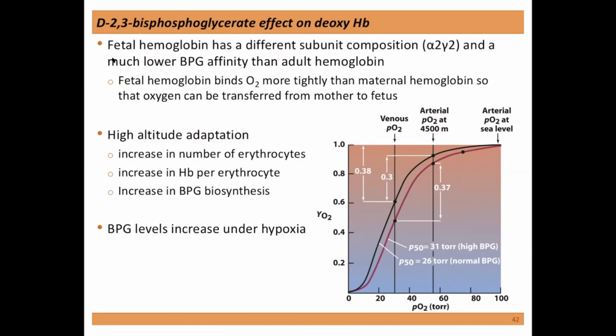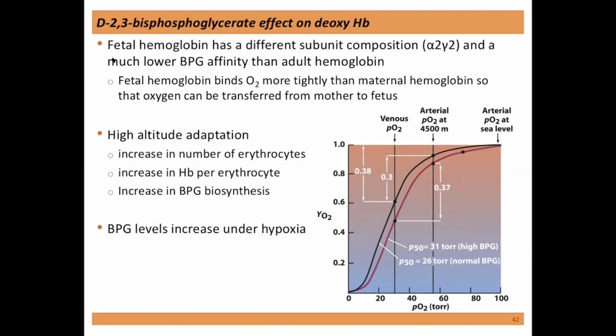Now, that is painful. If you've ever gone up to really high elevations and ran or even climbed stairs, you can tell that your body is not getting as much oxygen, so you tend to breathe faster. So one way that you can fix that is you can actually start to produce more BPG. And again, the BPG stabilizes the T state, making it so it has less affinity. And what you do is you get this shift to this red curve there. And so again, it's going to have less affinity.